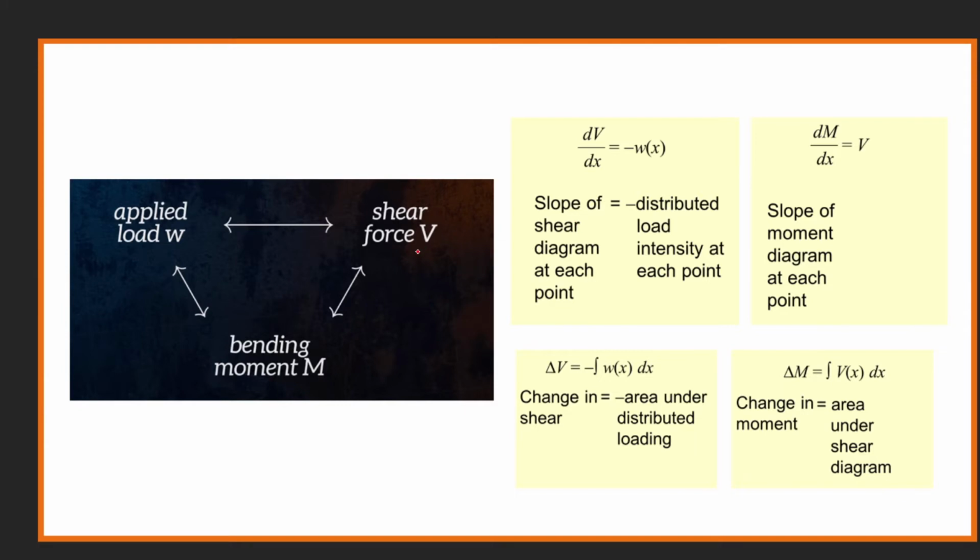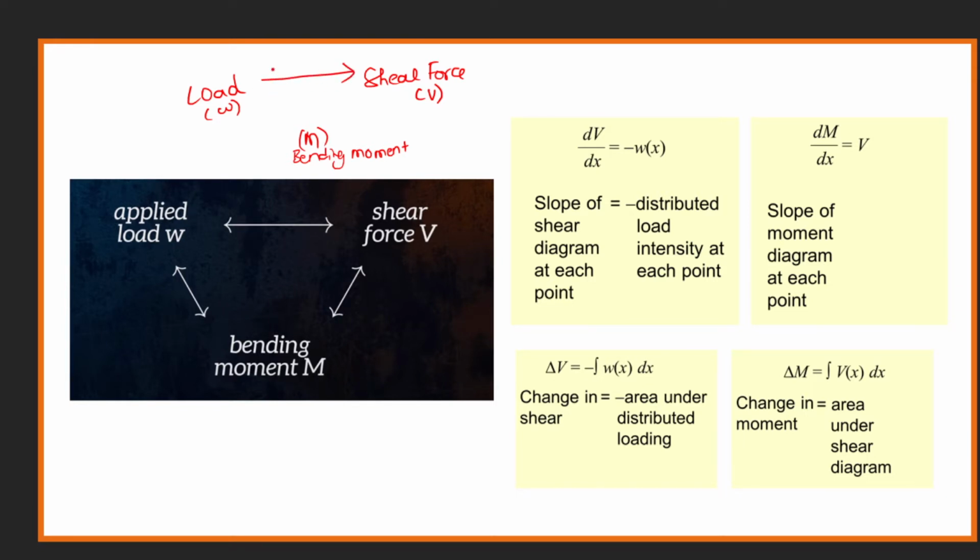But you should understand, students, before we move on to drawing the shear force and bending moment diagrams, that the applied load W, shear force V, and bending moment M, all these criteria are dependent on each other.